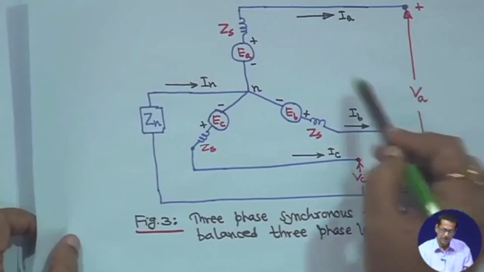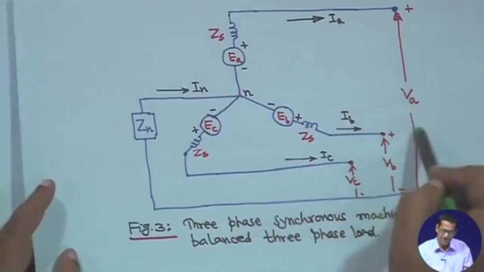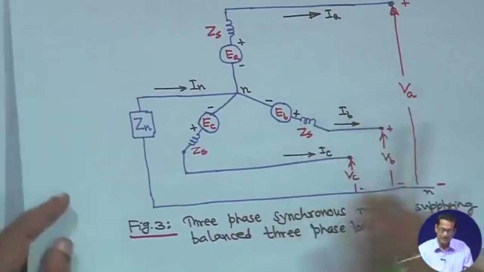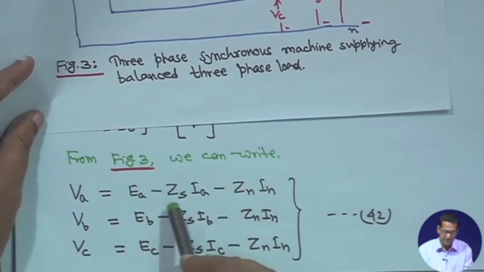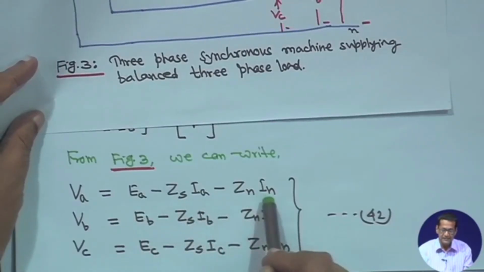Now, from this equation you can write the equations for VA, VB and VC. For each phase, apply KVL. So, you can write VA is equal to EA minus ZS IA minus Zn IN.